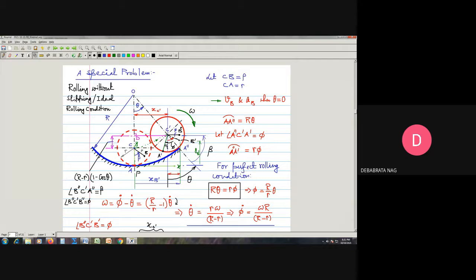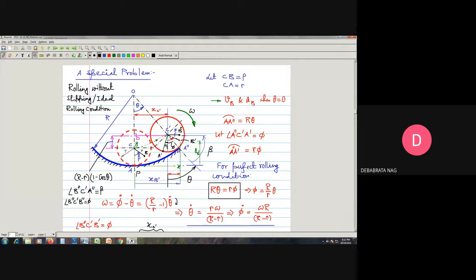Now in this general geometry, in order to bring the point B dash to the point A dash, what you need to do is simple: you need to make this angle, that means phi minus beta.